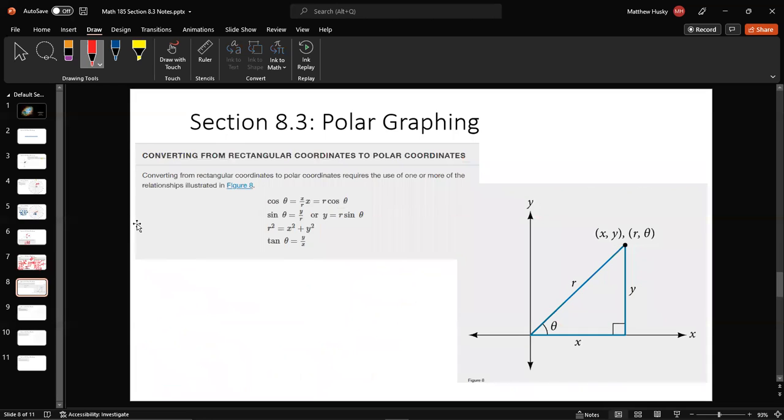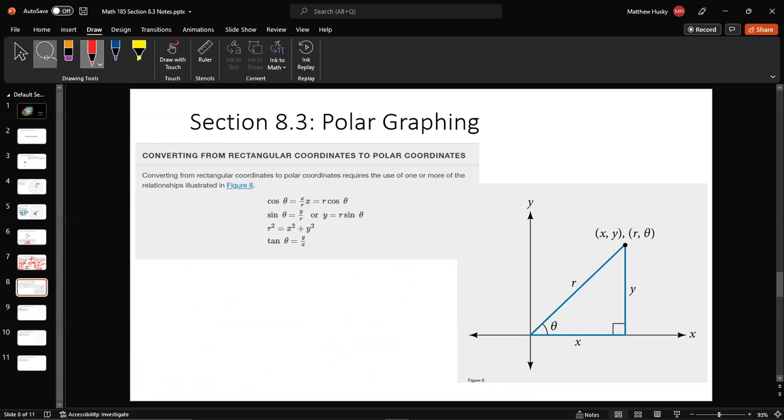All right, so converting from rectangular to polar coordinates, that is typically a little more involved, but there is a way to do it. That's kind of what we're going to focus on next.